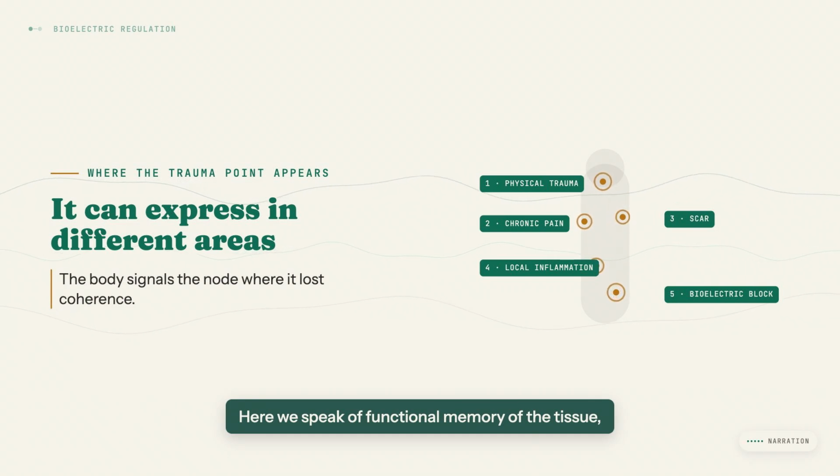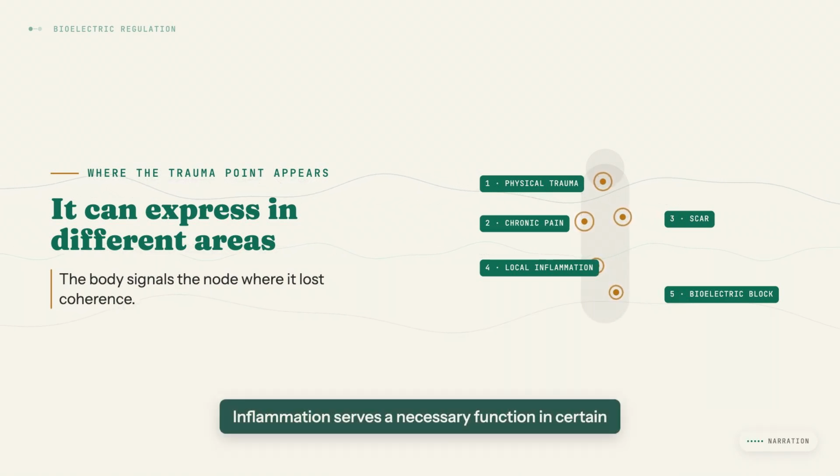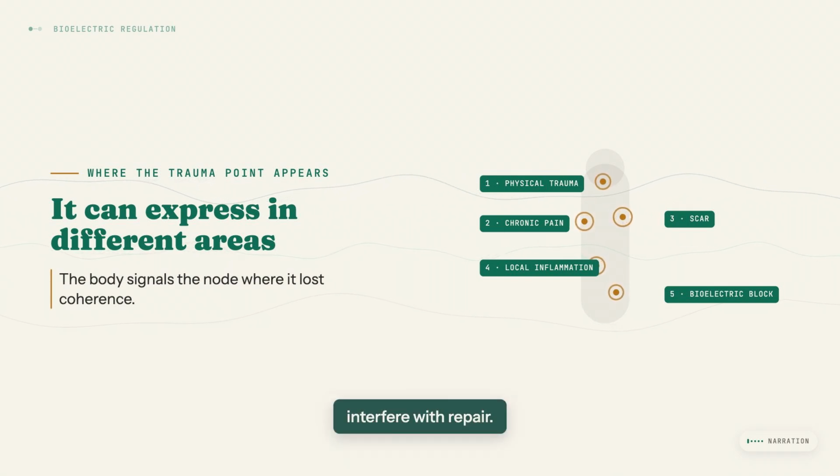Here we speak of functional memory of the tissue, different from psychological memory and from the metaphorical idea of trapped energy. That is why we understand the trauma point as a technique of regulation. Inflammation serves a necessary function in certain phases, and suppressing it indiscriminately could interfere with repair.